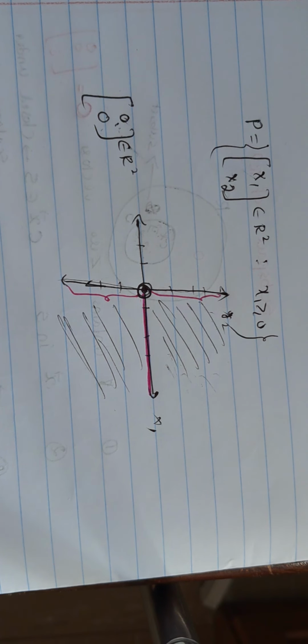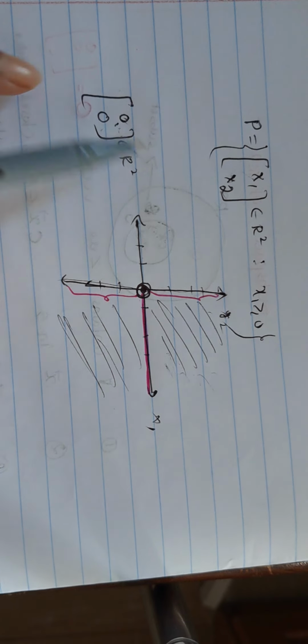Obviously this is greater than or equal to 0; the condition on x1 has to be greater than or equal to 0, and it's obeying. The remaining value may take anything because there is no restriction on x2. When x2 is taken as 0, it obeys that it contains the zero vector. So 0, 0 belongs to R2.